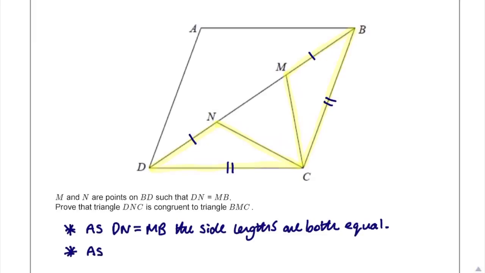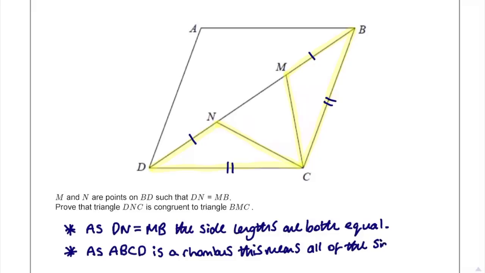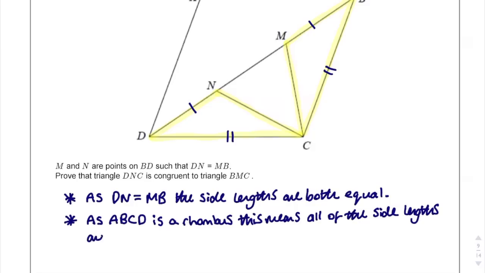So as ABCD is a rhombus, this means all of the side lengths are equal. Therefore, DC equals CB.